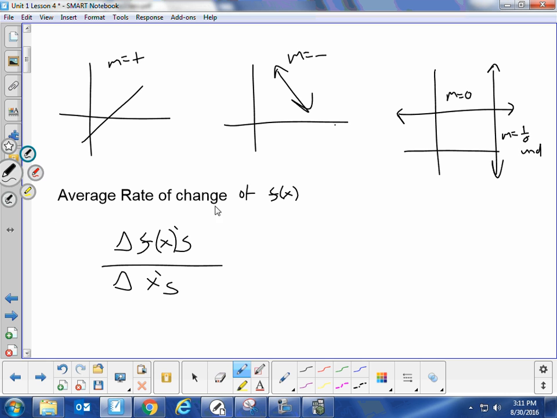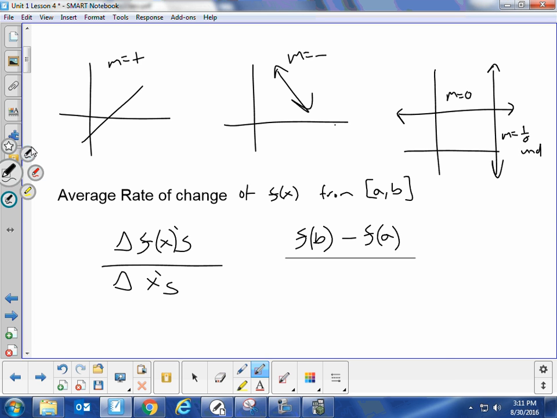Well, if we're talking about a boundary, say the average rate of change of the function from a to b, well, then we'll be talking about the change in these function values f of b minus f of a divided by the change in the x's, which is b minus a.